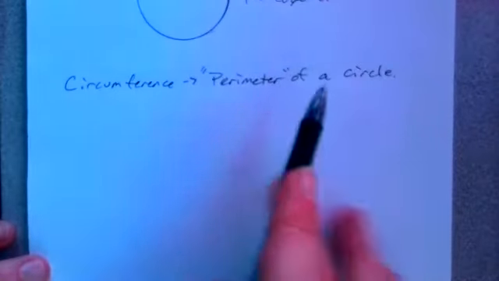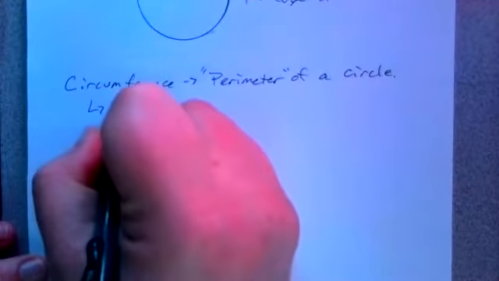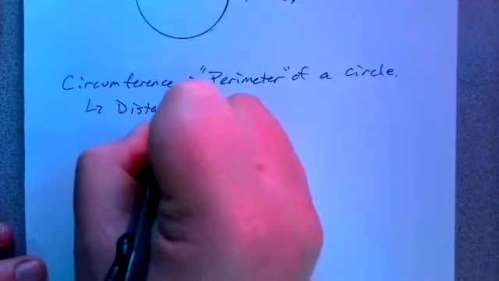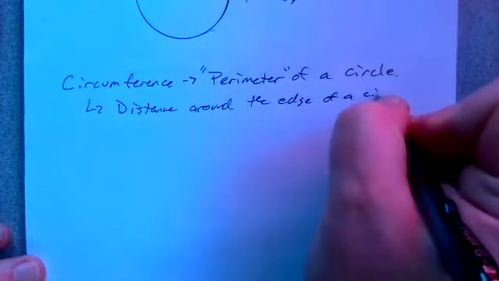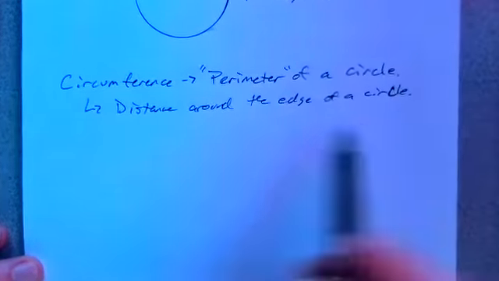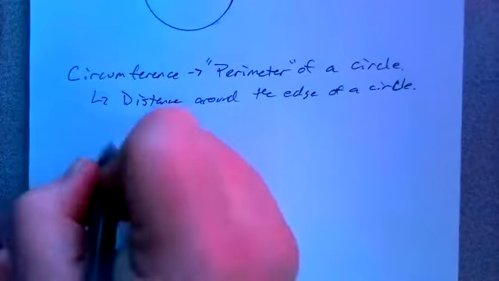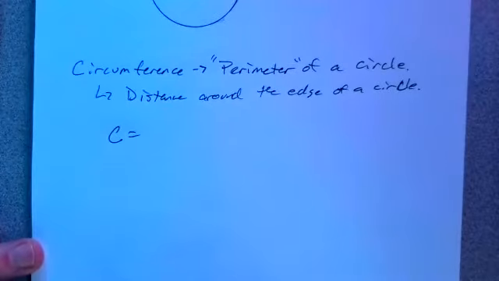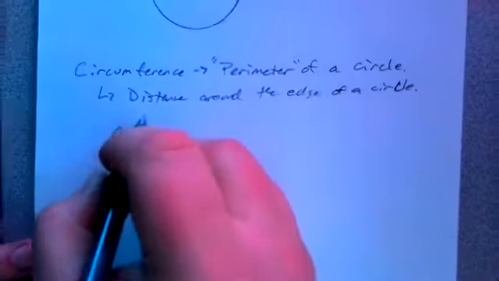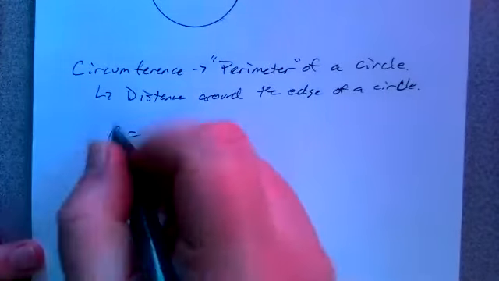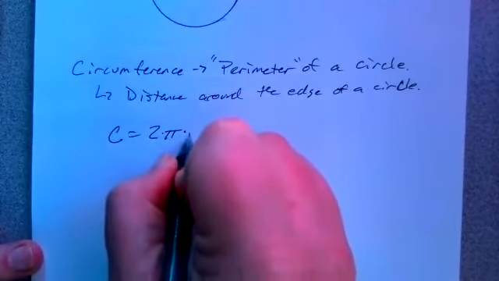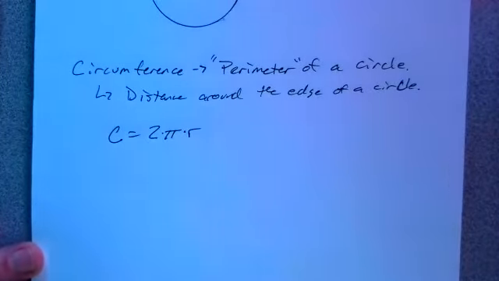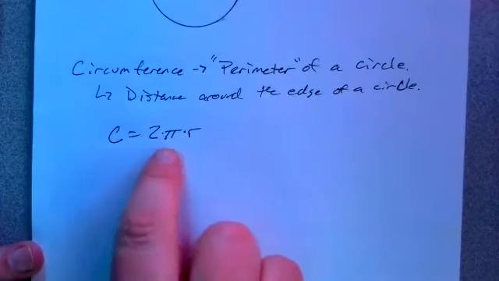All right, so circumference, right? Remember, this is the distance around the edge of a circle. So the circumference, C, is equal to, and it's just a simple formula, 2 times pi times r, or 2 pi r.